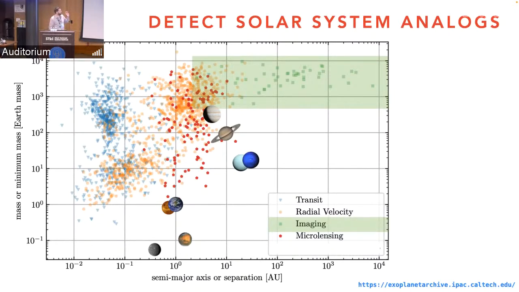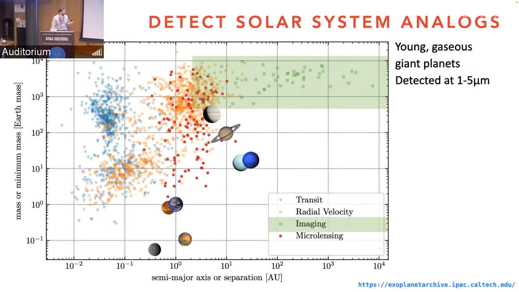So what we've been able to image directly so far are the green dots, and of course there are large separation planets, and so far they are young planets, around 1 to 10, 15 Jupiter masses. So they are basically big Jupiters. If we wanted to tackle a mature Jupiter, we don't have the sensitivity even with JWST.